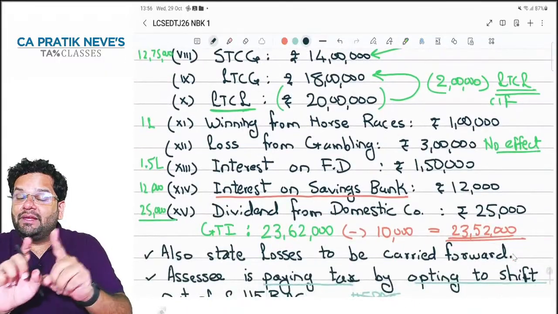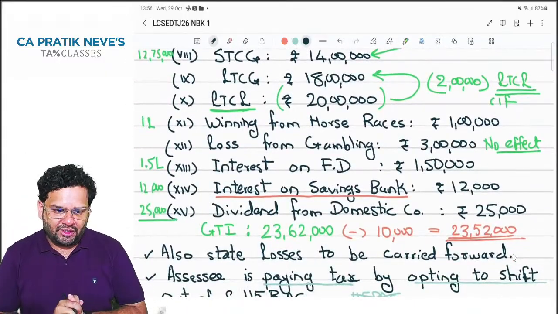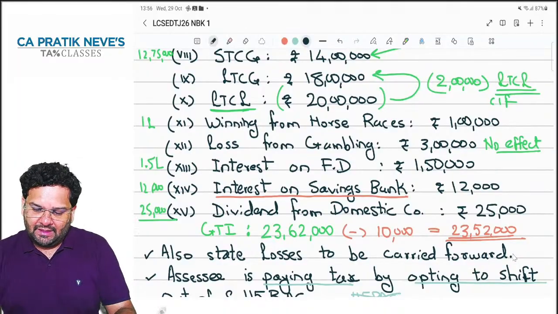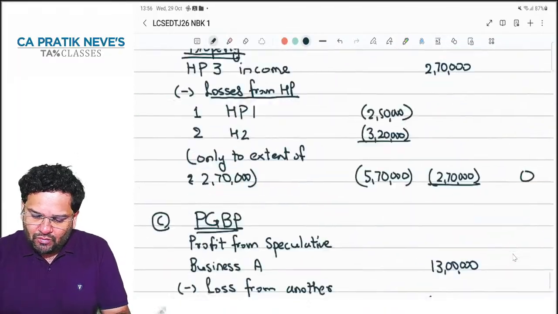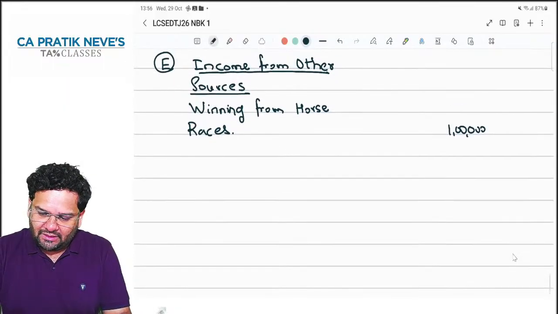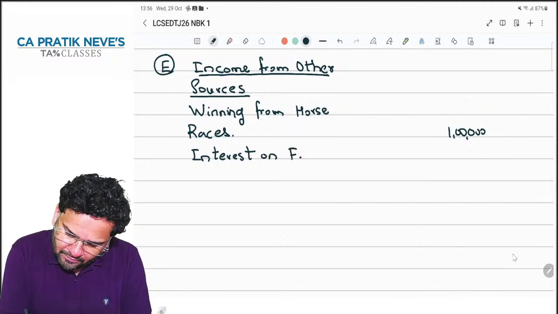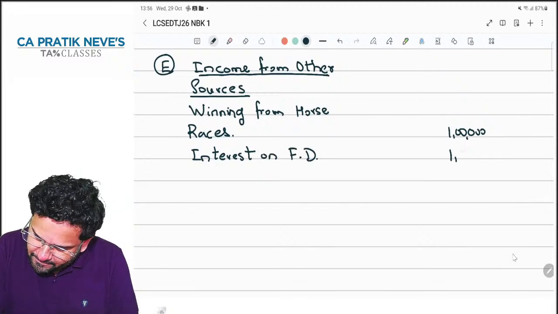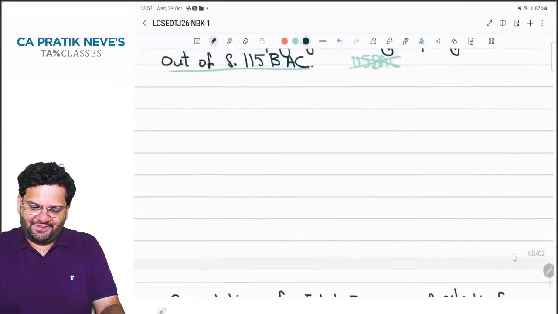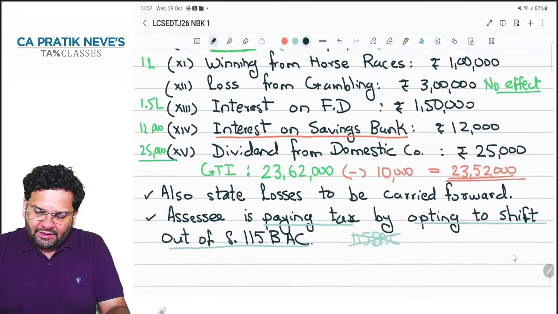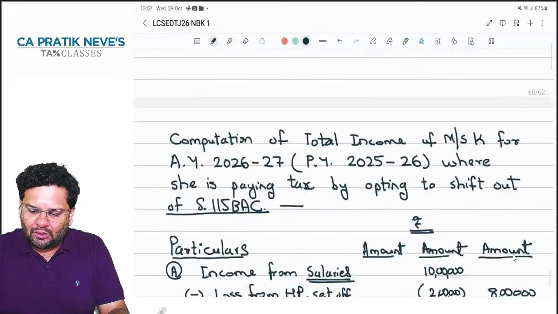Loss from gambling, we will write a note that it will not have any effect. Interest on FD, 150. So write interest on FD in the second amount column, 150. Next, interest on savings bank, 12,000.